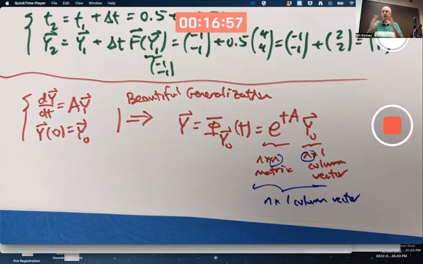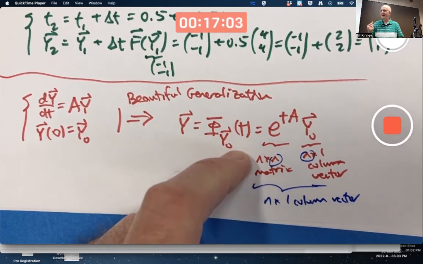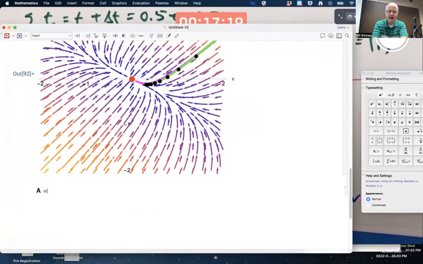Let's apply this here with Mathematica to help. Again, a lot of what we're going to do in coming weeks, next month or so, is talking about how to find the matrix exponential, essentially. So now we're just relying on technology. Let me go ahead and define the matrix A. And let me go ahead and define capital Phi.